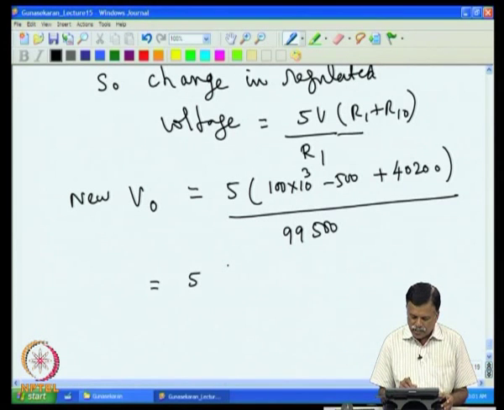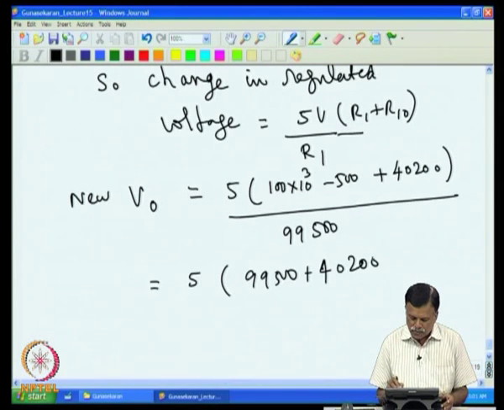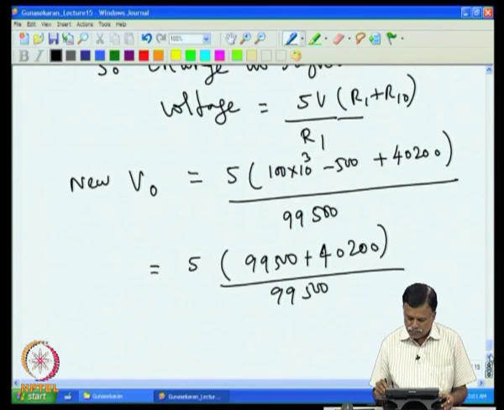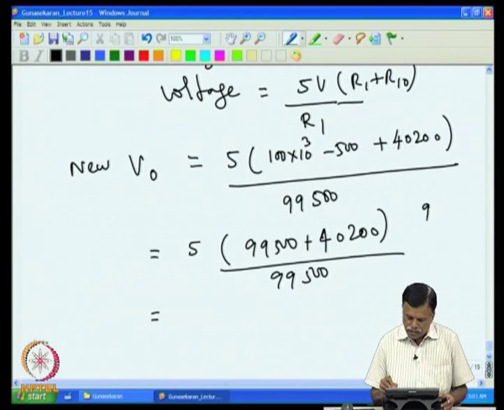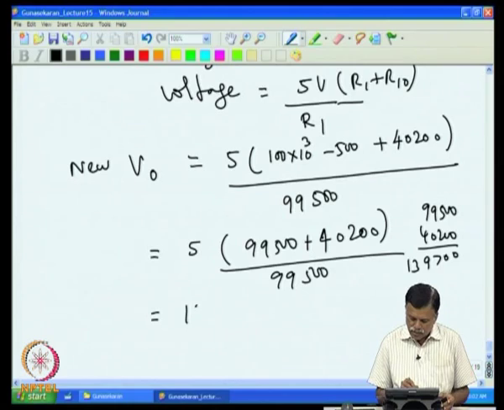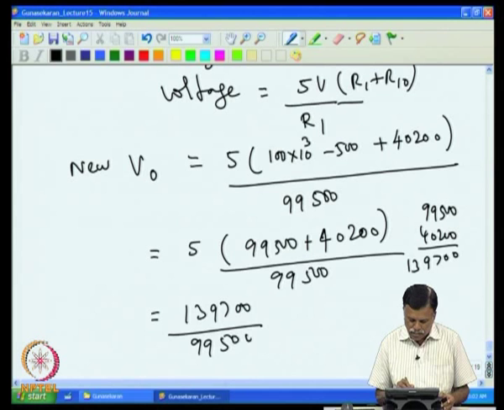That actually, if you simplify, you get 99,500 plus 40,200 divided by 99,500. If you calculate that, 99,500 plus 40,200 comes 139,700 divided by 99,500, that actually goes off.